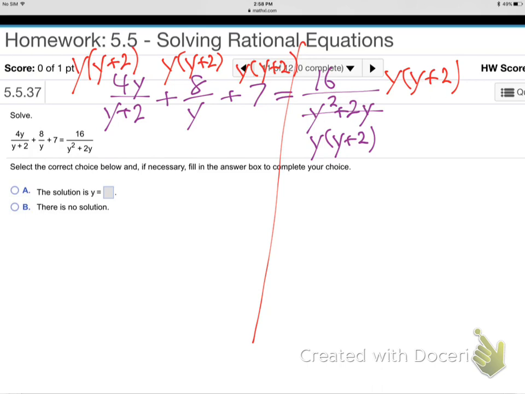And then cross cancel. Multiply what's left over. y plus 2's cancel. So we get 4y squared.